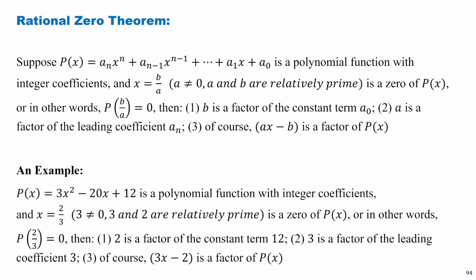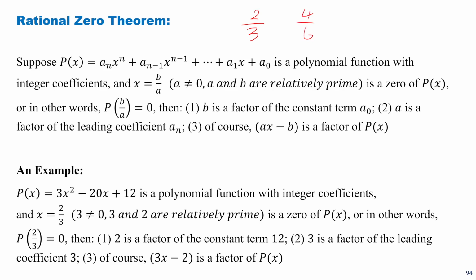And suppose x equals b over a is a 0 of p(x). Of course, here a is not 0, and a and b are relatively prime, which means you do not have any common factors. For example, 2 and 3 are relatively prime, but 4 and 6 are not relatively prime.